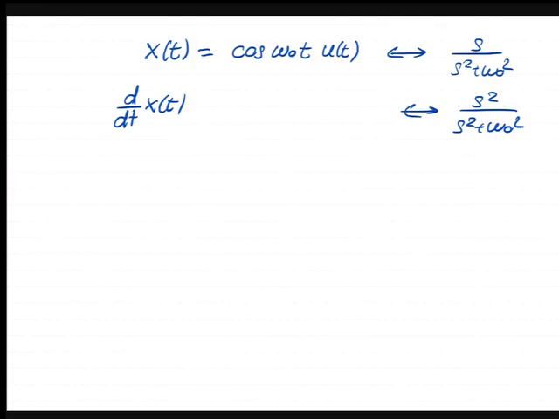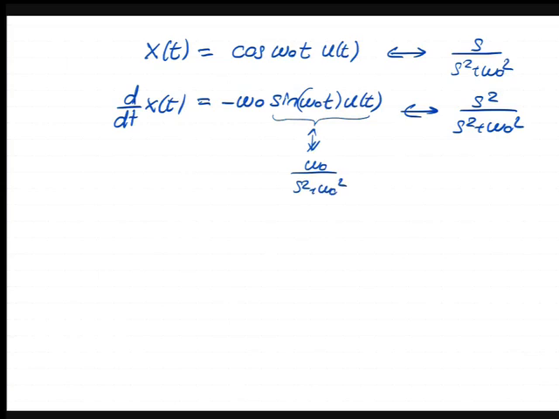But what is the derivative here? Minus omega naught sine omega naught t times u of t, right? But then I told you what the Laplace transform of this is. It is omega 0 by s squared plus omega 0 squared. So you'll multiply by this, it will be omega naught squared, but it doesn't match up with what's going on.